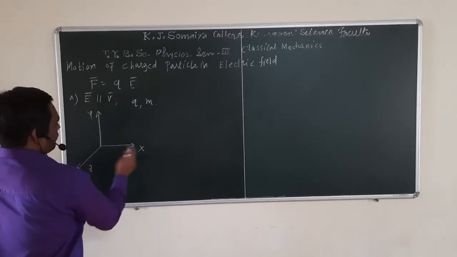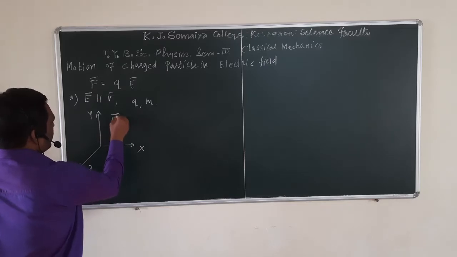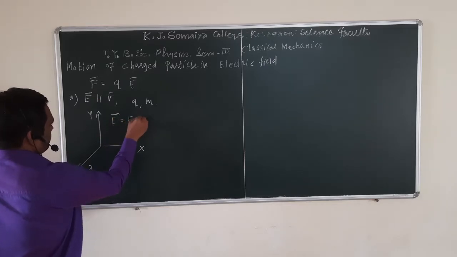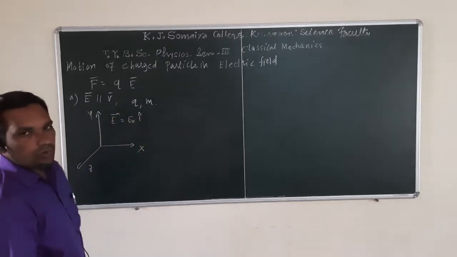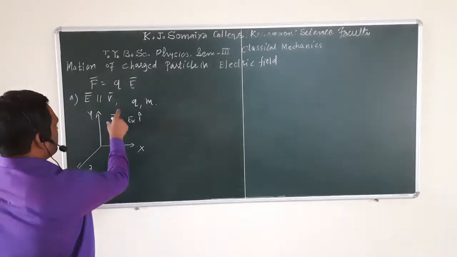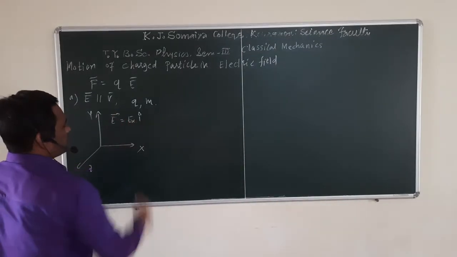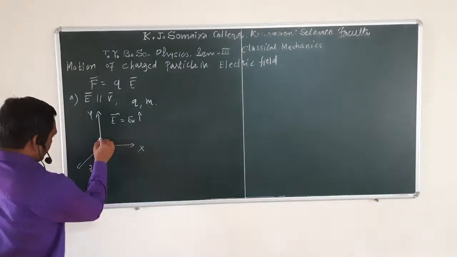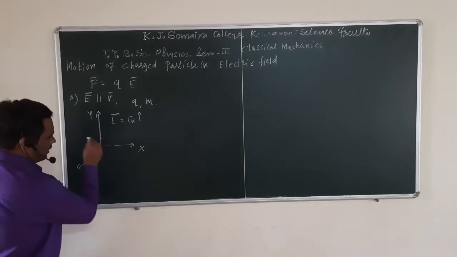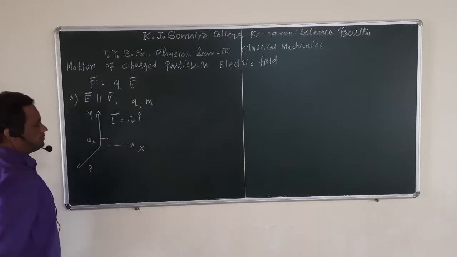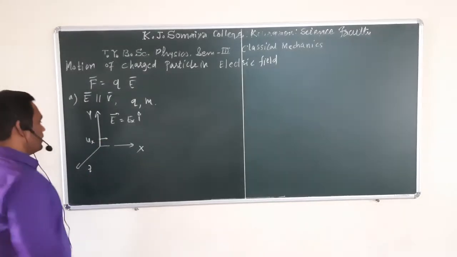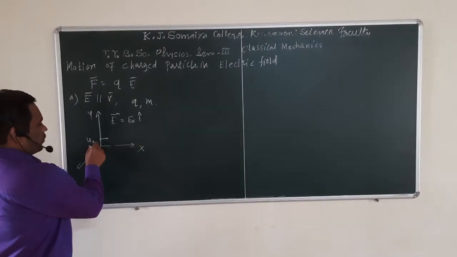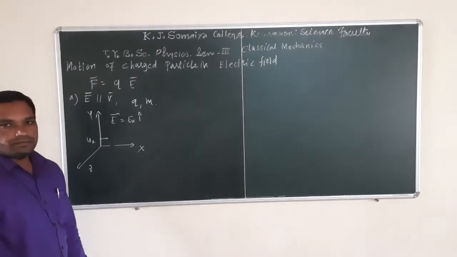Electric field we are applying parallel to X axis, so vector E is equal to Ex into i cap, which is constant. Now that charged particle is entering this electric field from here with initial velocity ux, which is along x-axis.